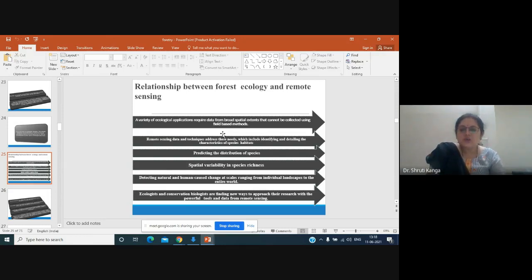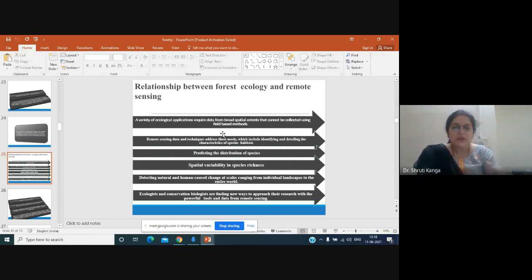So prediction or species identification, all these kinds of things, are very easy. But at the same time, without authentication of data, we cannot proceed. We have to authenticate these data sets.